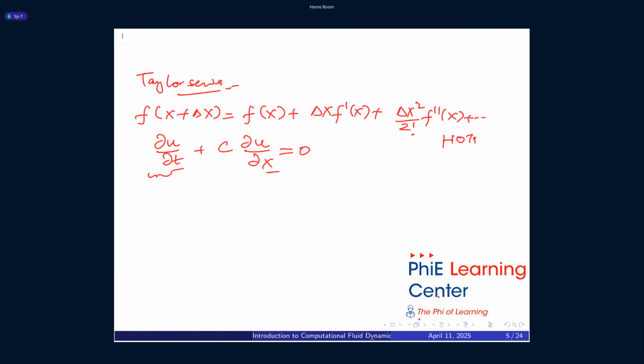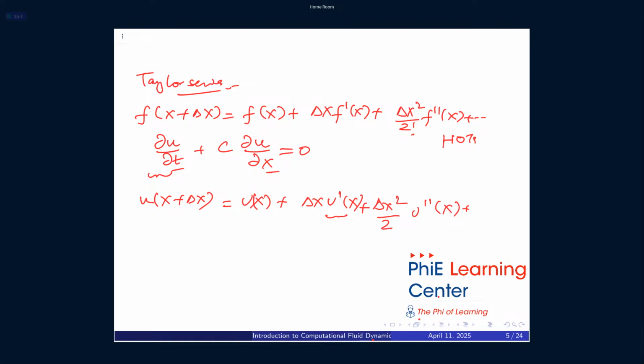First, I can write, let's say generally, u of x plus del x. I can write this as u of x plus del x u prime of x, where u prime of x typically means dou u by dou x, plus del x square by 2 u double prime of x, plus so on.